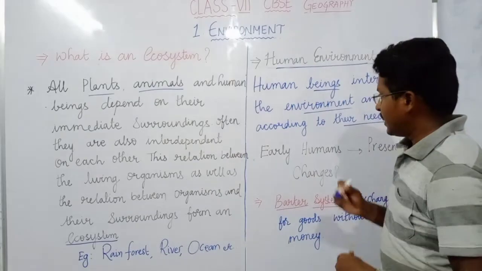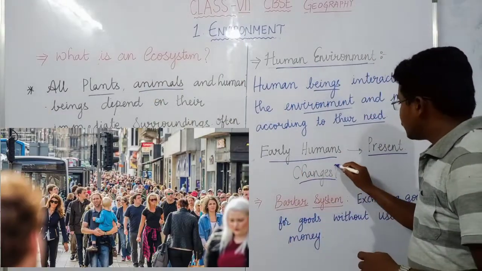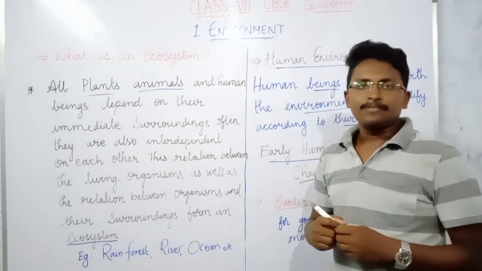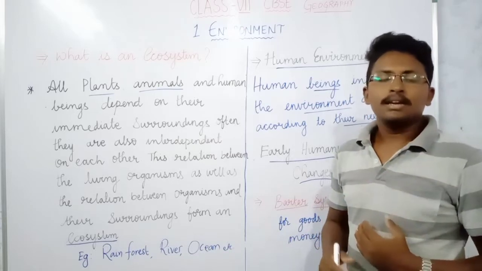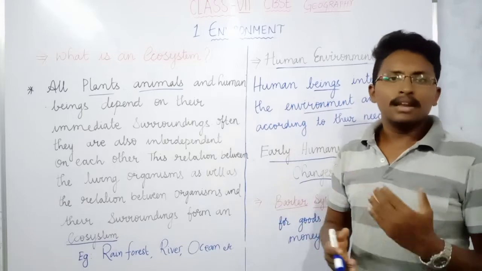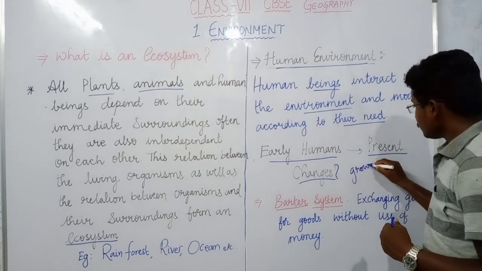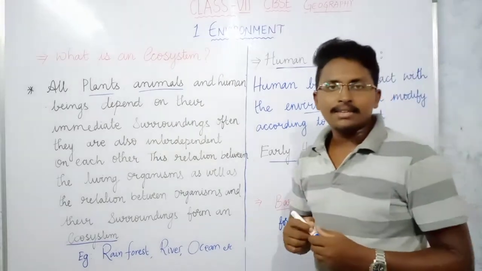For example, take early humans to present humans. What are the changes that occurred? There are different types of changes. Early humans just depended directly upon nature. We can see directly hunting, or you can say gathering. Later on, they started growing crops, but with simple tools, or with all natural methods.